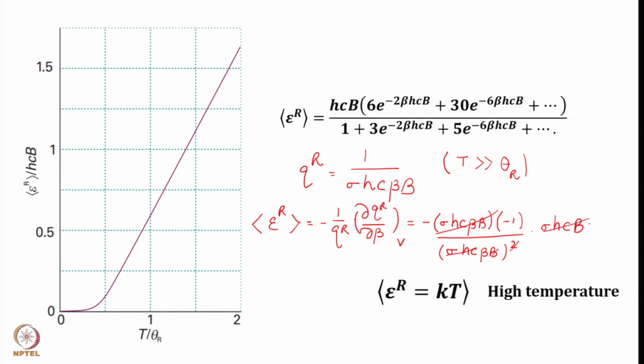What I have is 1 upon beta, and beta is equal to 1 by kT, and that is the result here.